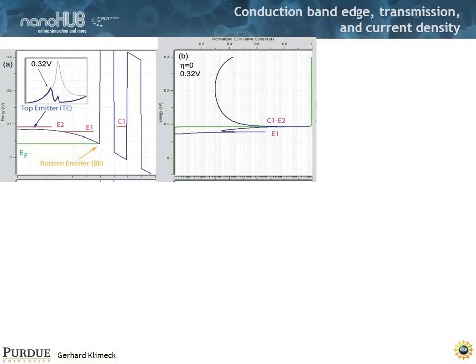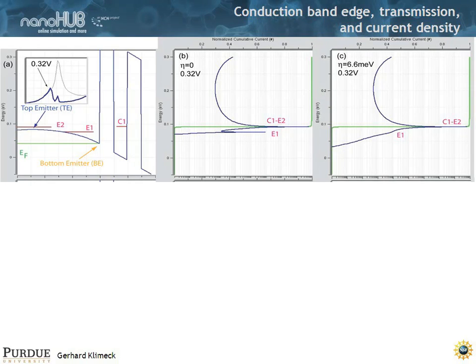So now if you show the same plots of what I had shown before, where eta was 0, here is the constellation of resonances at a bias of 0.32 volts, which before, with eta equal to 0, corresponds to this current peak here. And this is the same current density plot I had shown in the previous lecture, where C1 couples to E2, and all the current is flowing through that transition path.